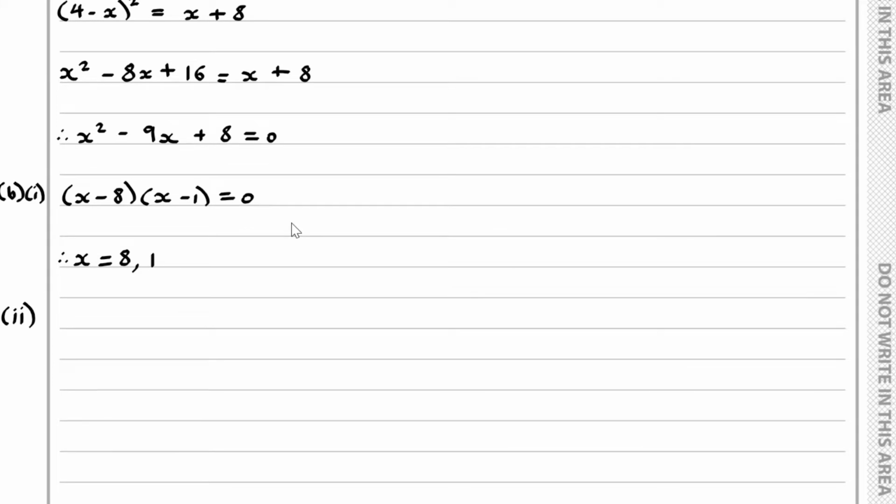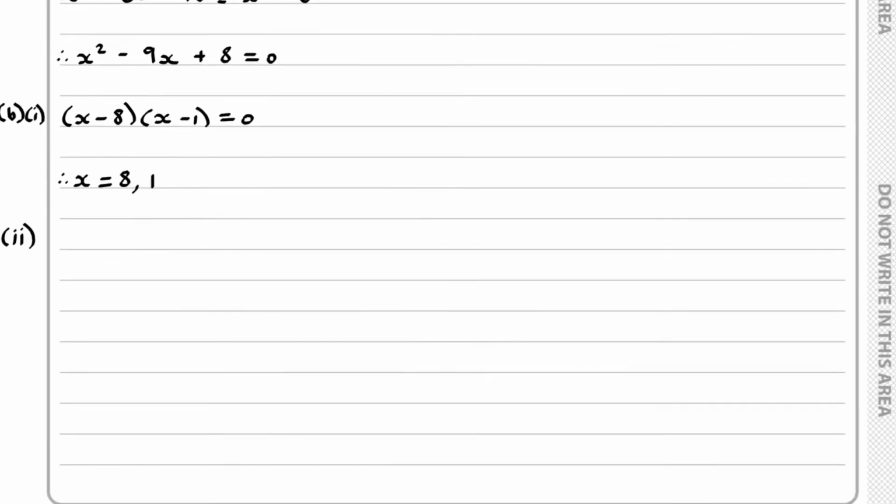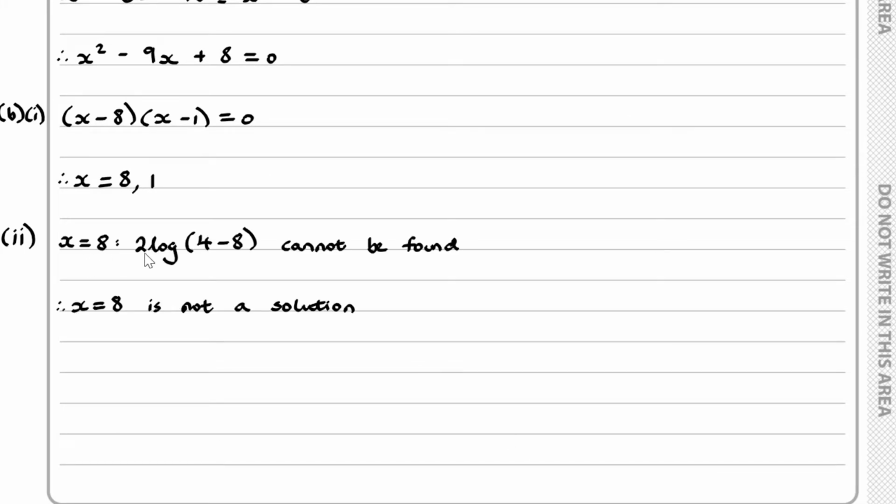Well, clearly, if I substitute in x equals 8 into this equation here, we have the log of 4 minus x. So we would have a log of a negative. So let's just write that down. We see that when x is equal to 8, 2 times the log of 4 minus 8 cannot be found. We have a log of a negative, and therefore x equals 8 is not a solution.